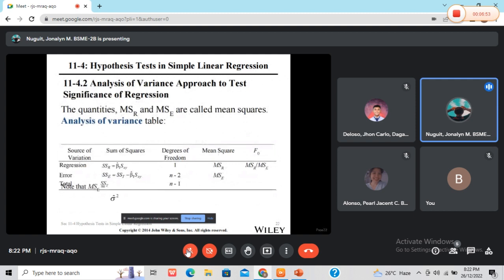Then the quantities MS sub R and MS sub E are mean squares.